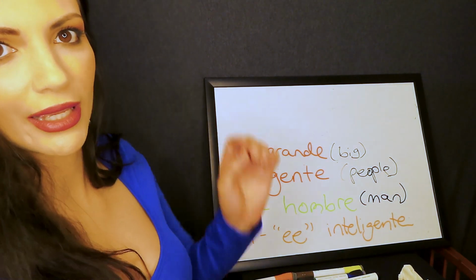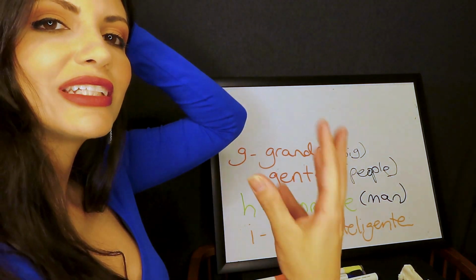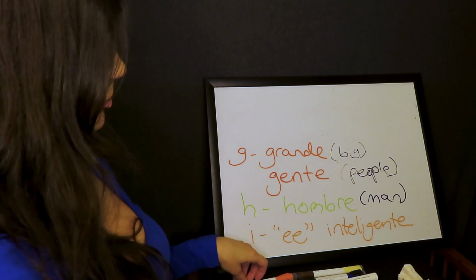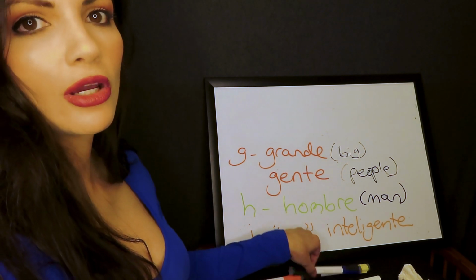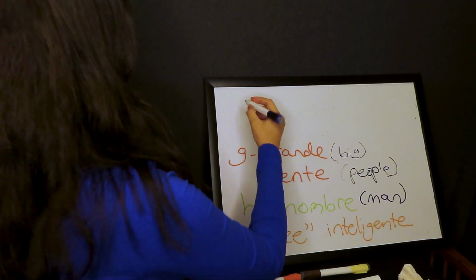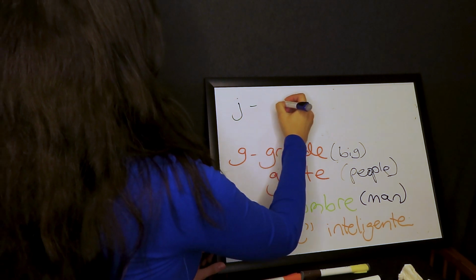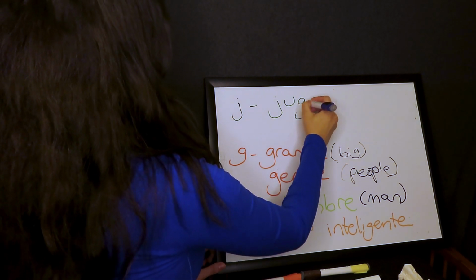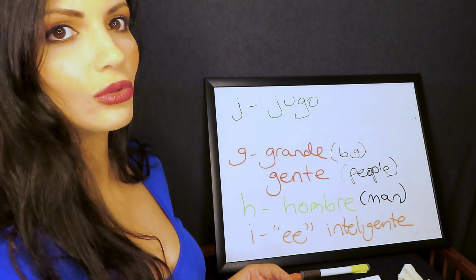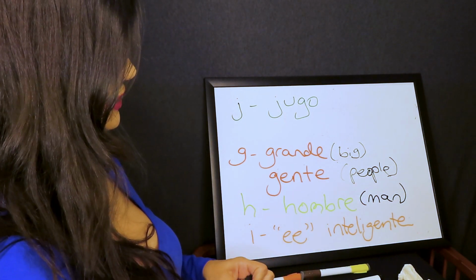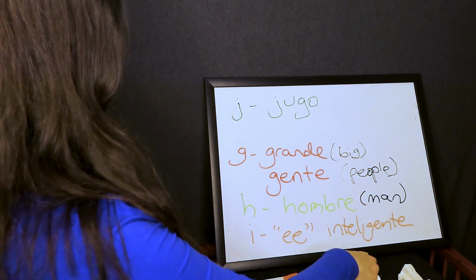We're up to J, which has a soft H sound, such as in the word jugo. Jugo means juice.